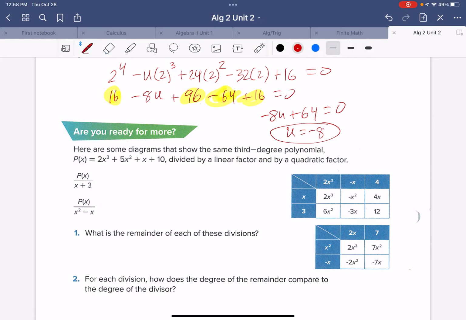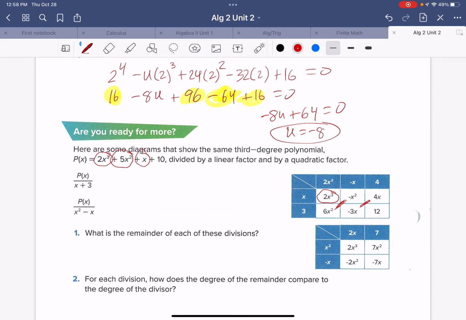I guess I'm going to go with red. So when you multiply the first box here, you get 2x cubed. So that's taken care of. When you put these together, remember the diagonals go together. That gives you the positive 5x squared. When you put these together, we get x.